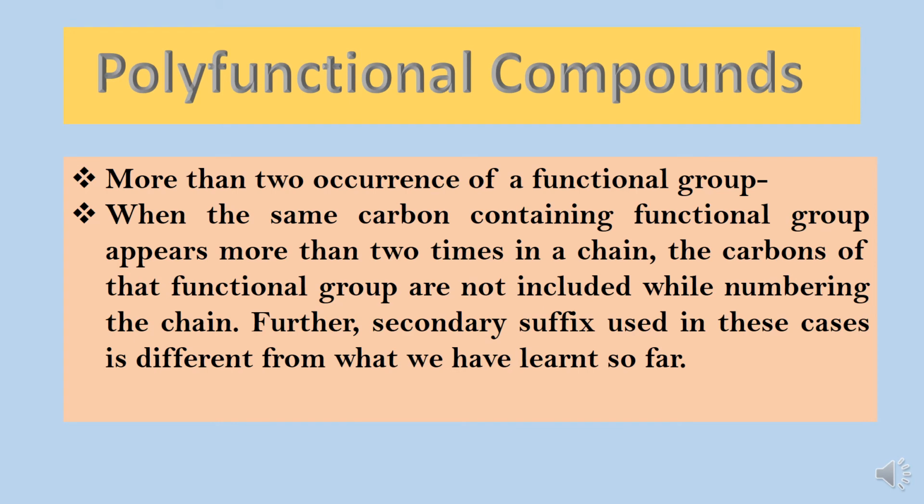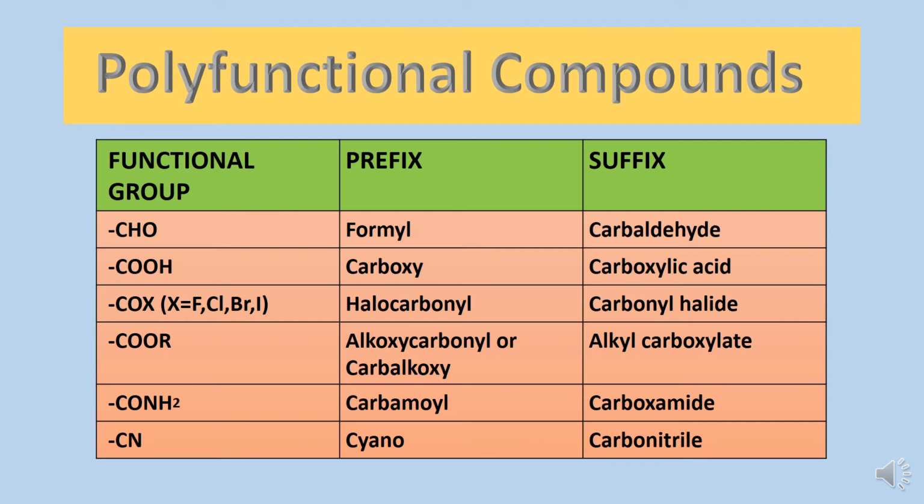Now, if a compound contains more than 2 similar kinds of functional group which has carbon in it, for example, when the same carbon containing functional group appears more than 2 times in a chain and cannot be included in the parent chain, in that case the secondary suffix used, as we had discussed earlier, will be different. For example, if CHO group cannot be included in the parent chain, the suffix used will be carbaldehyde.